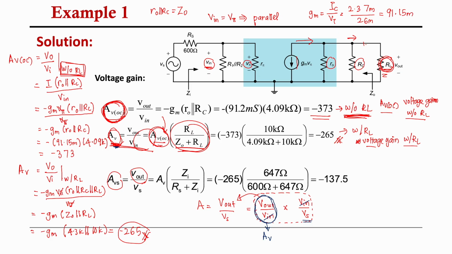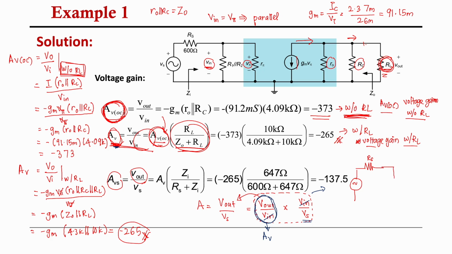Now let's calculate that V in over Vs, using a different color pen. Let's draw the circuit. This is your Vs, this is our Rs, and then what else do we have?